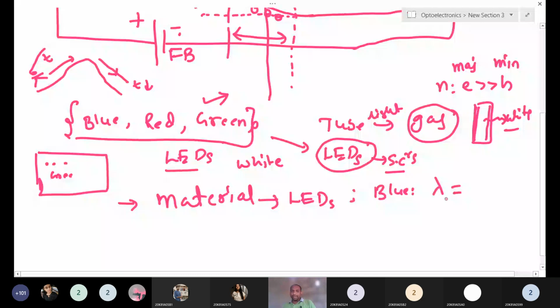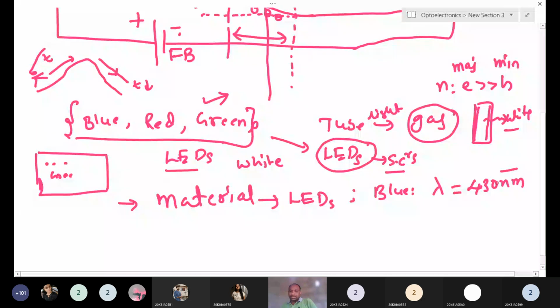Suppose you take red, this is about 650 nanometers. So if an LED is emitting red color, it is emitting 650 nanometer light. Light is coming from these waves or rays. This is the wavelength the LED is emitting.